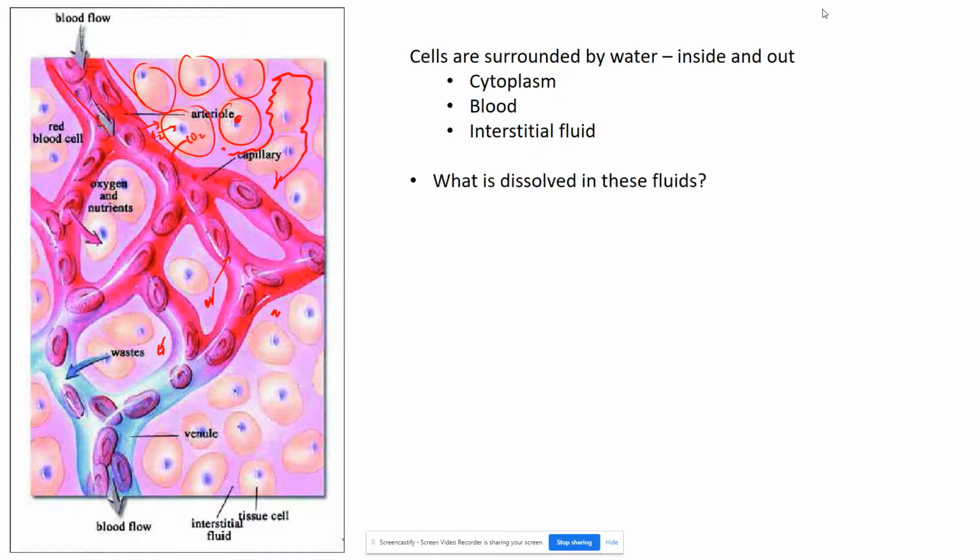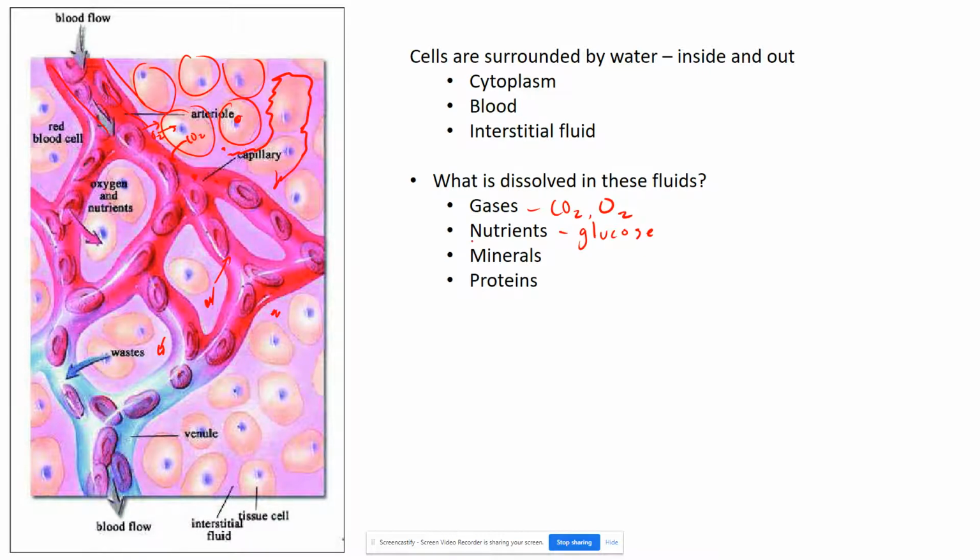So in these fluids, what is dissolved? Well, we have gases, things I was mentioning already. We have nutrients. For example, sugar is a really good one. So let me write some examples. Gases, just some basic ones. CO2, O2. And oxygen is actually carried through your blood by red blood cells, but that's okay. We'll just go with it.